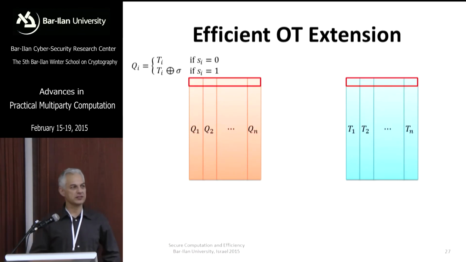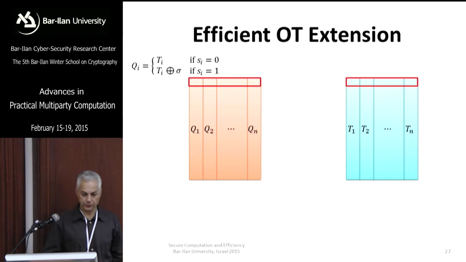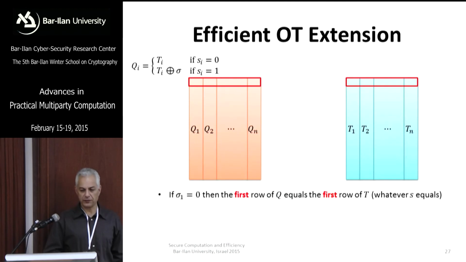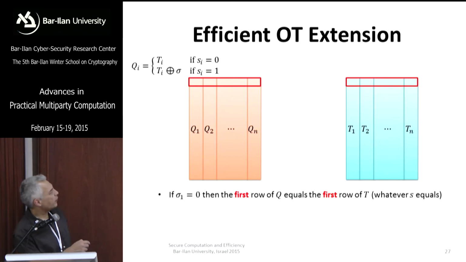Now let's look at the first row. There are 128 columns, so it has 128 bits. If the receiver's choice in the first real oblivious transfer was 0, meaning that the first bit of sigma, sigma 1, is 0, then in each column what we get is Ti.